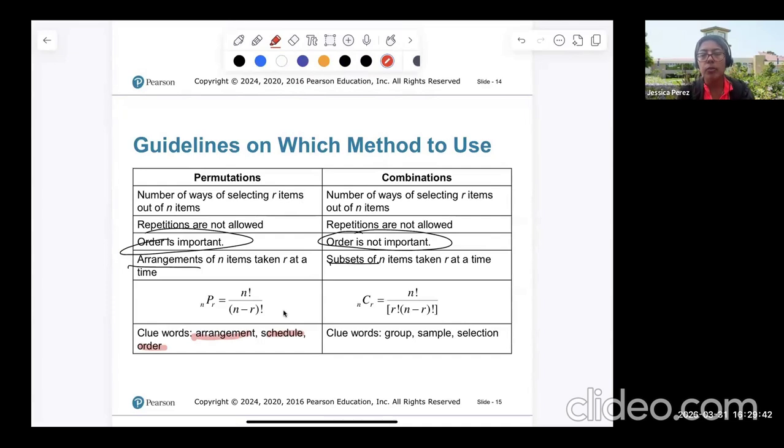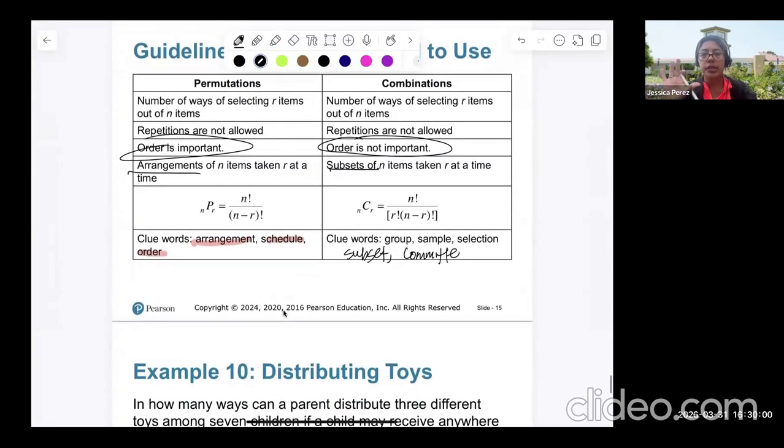Whereas another group, for a combination, would be a group, a sample, selection, subset, and committee. So that would be another way to distinguish between the two, where order does not matter.